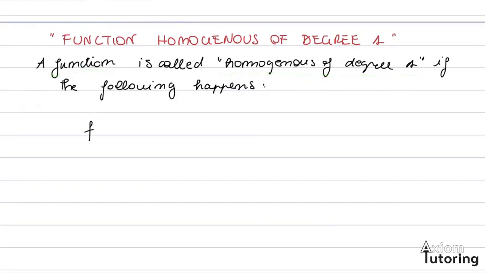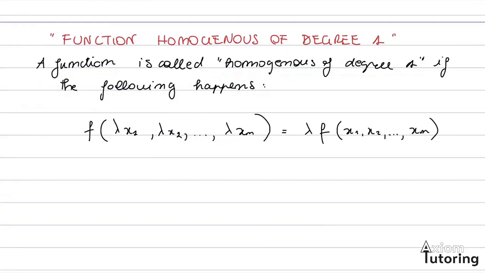When we write a function and we scale all of its inputs, let's say we have n inputs, by a factor lambda, then what we obtain is our original function scaled by the same factor lambda to the power of n, where n in our case equals 1.